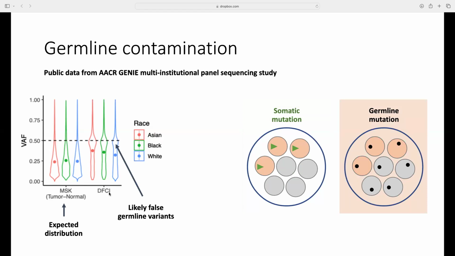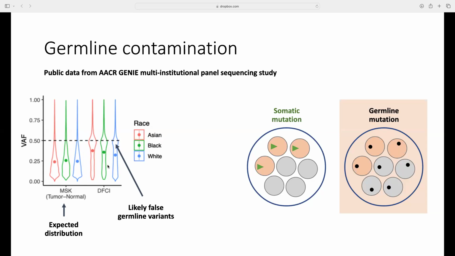On the other hand, when we look at data that was collected at Dana-Farber from tumor-only sequencing, where you didn't have this separate germline filtration step, what we see is a very different distribution, and specifically this bump at a variant allele fraction of 0.5. And this bump essentially reflects a mixture of false positive germline mutations. Germline mutations are going to be present in all cells. We expect them to be at a variant allele fraction of about 50%.